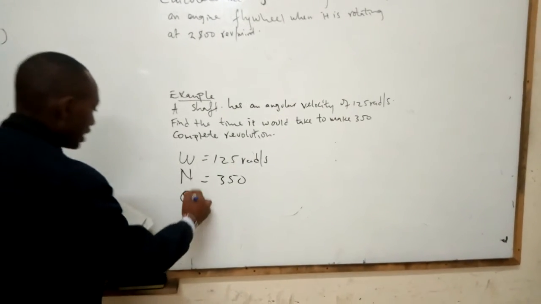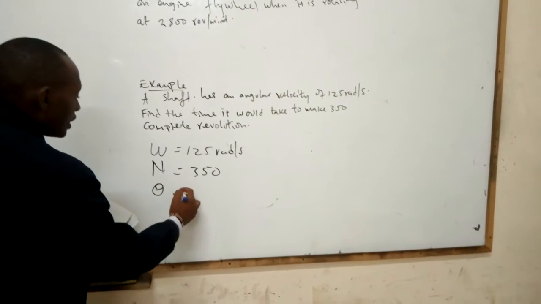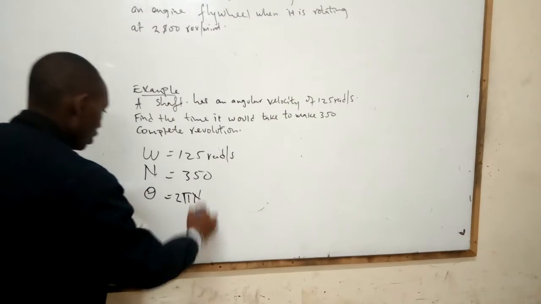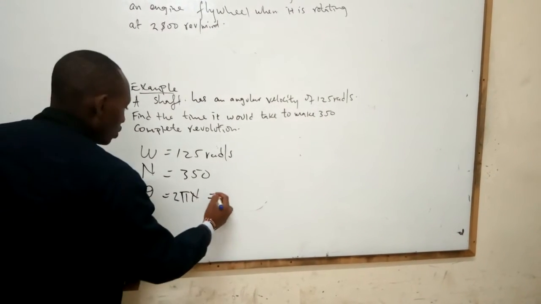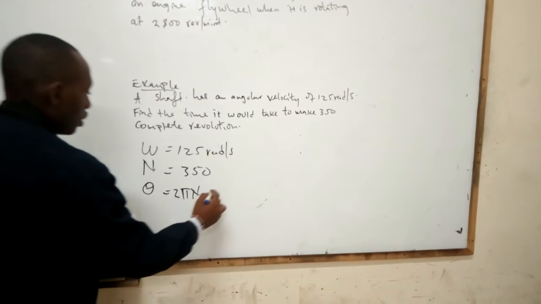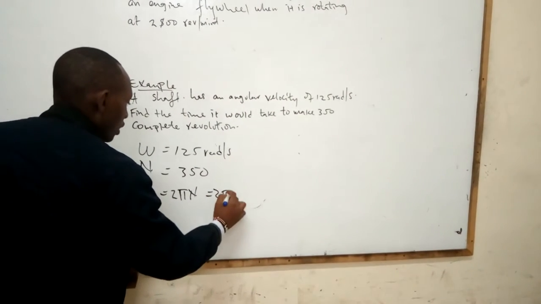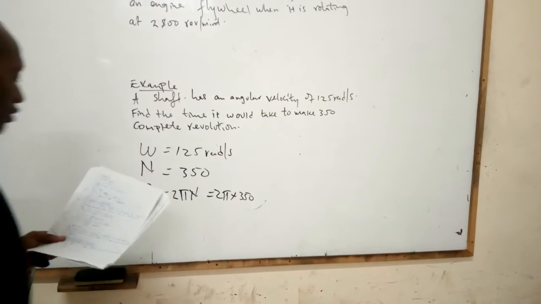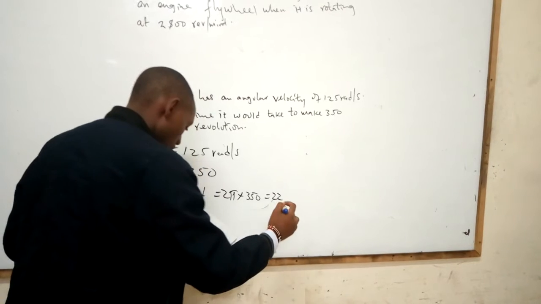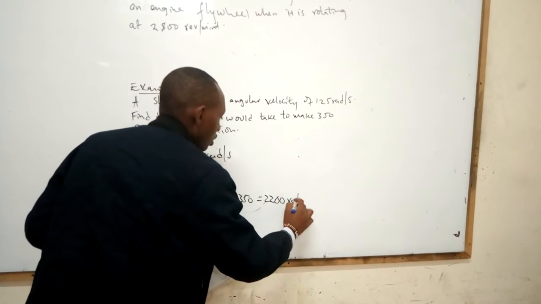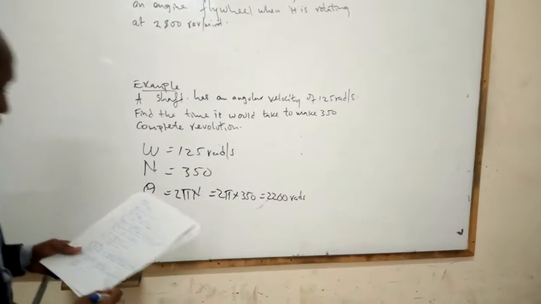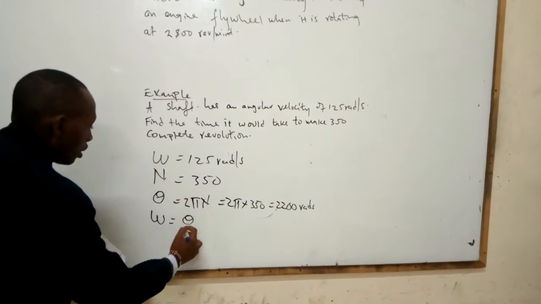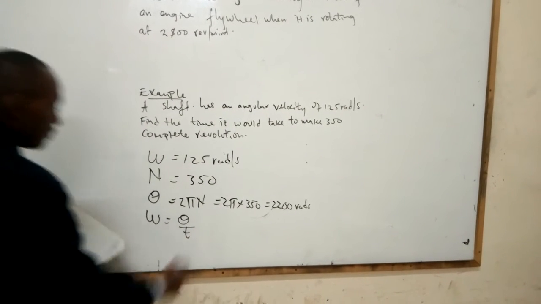To get theta, we say theta is given by 2 pi n, which is equal to 2 pi times 350, which will give you 2200 radians. Now, omega is given by theta over t.